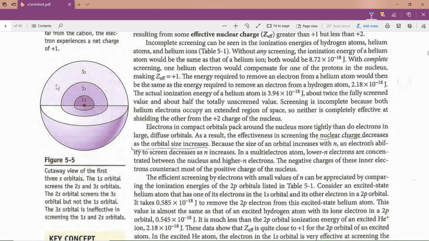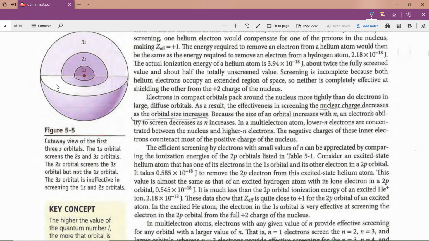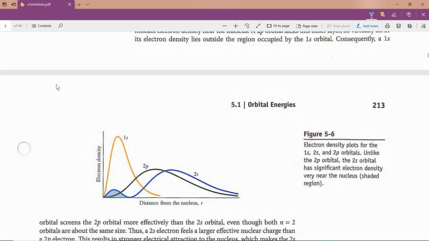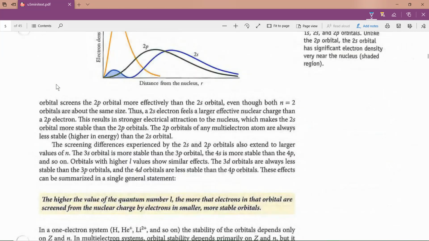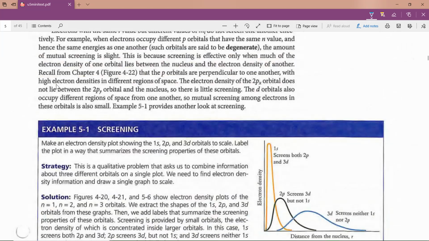As a result, the effectiveness in screening the nuclear charge decreases as the orbital size increases. So if you have a really inner shell of electrons, that's going to be a better screener than a more diffuse larger orbital. But usually we don't need to go into that much detail about it. That's why I'm skipping through the screening a bit more.